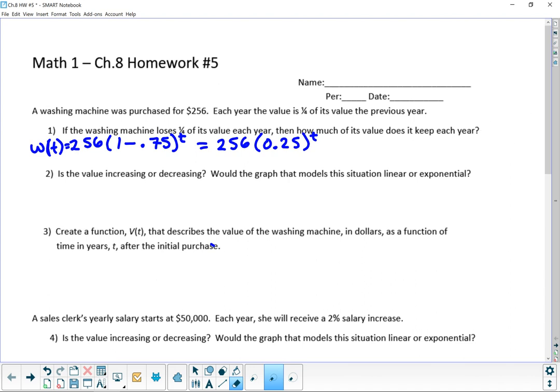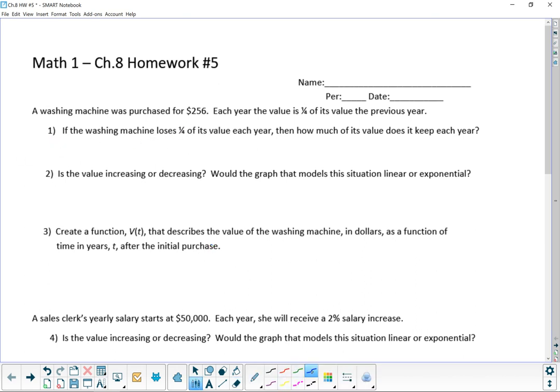Okay, and then how much of the value does it keep each year? Okay, so actually let's go along with what it says. I was trying to do all of it at once, but if you have 100% and it loses one fourth, which is 25%, which is going to be 0.25, how much does it keep each year?